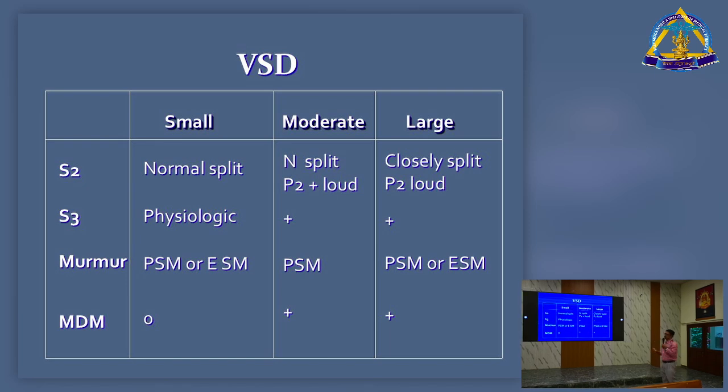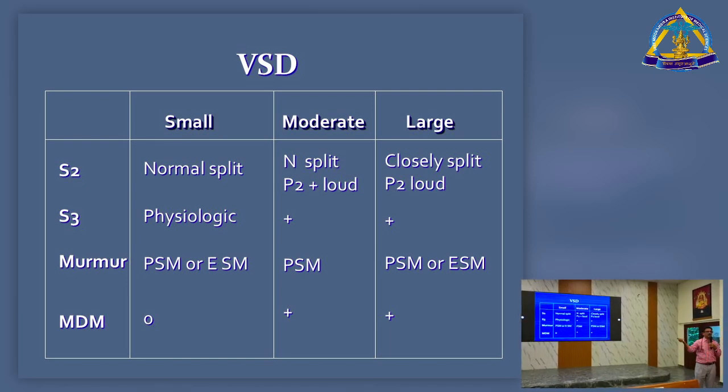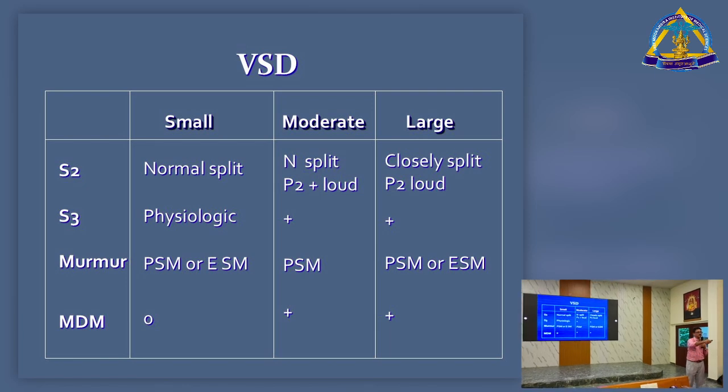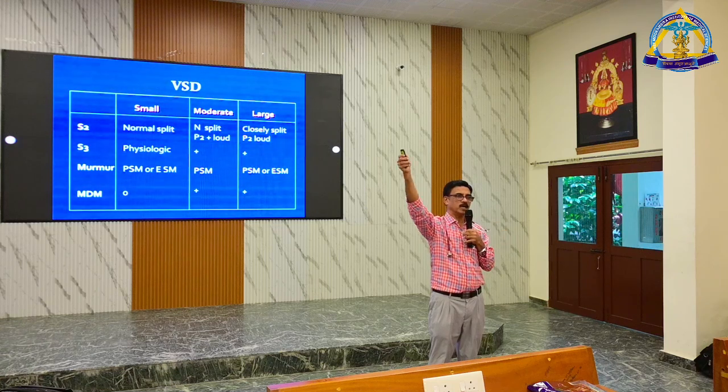So this one, apart from the heart sounds and murmur, you are concentrating on another part of the murmur, that is the diastolic murmur. What we have already told is about the systolic murmur. When you are having a significant shunt from the left ventricle, more blood is flowing to the right ventricle through the VSD, through the pulmonary artery to the lungs, gets oxygenated, and comes back to the left atrium.